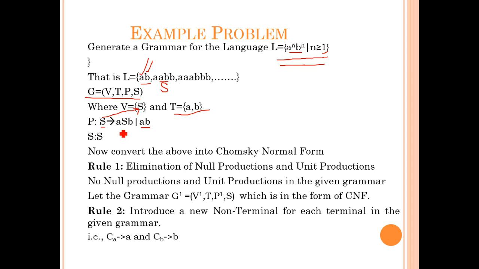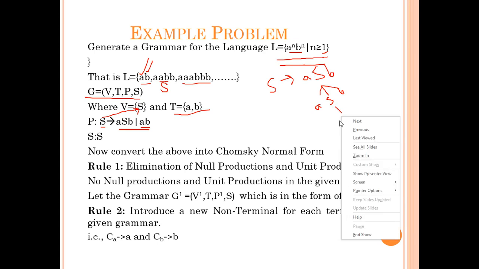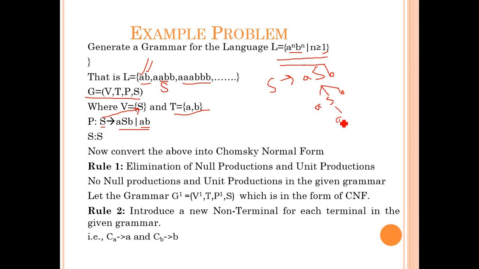ASB. So, by using these two productions, you get this string. You can take S tends to ASB and replace this S as ASB, and replace this S as AB.